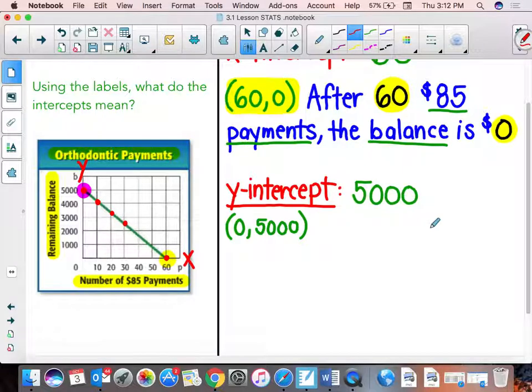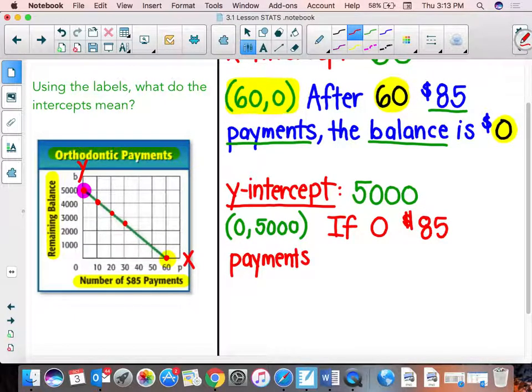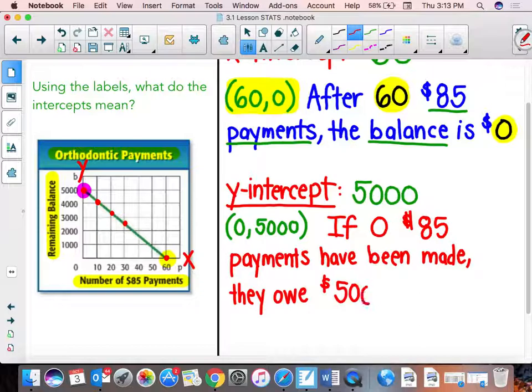So we should say if 0 $85 payments have been made, they owe $5,000. So that is your balance.